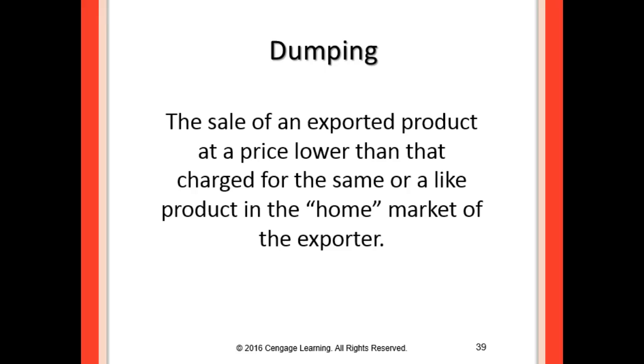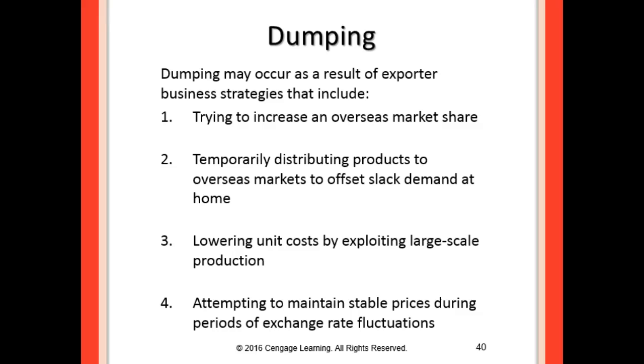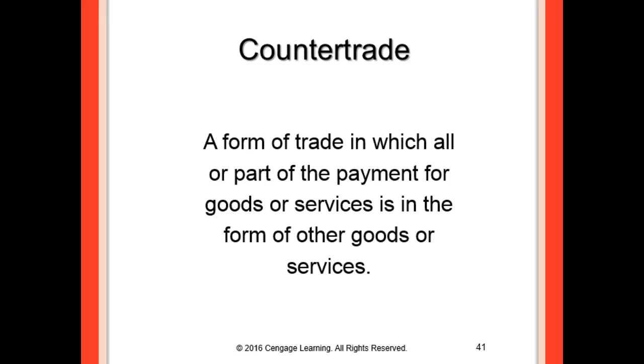You don't want to hurt your own country's industries and your own country's companies because of this price dumping, this dumping strategy that often occurs. Okay, and here are the four main reasons as to why dumping can be used as a strategy by some companies. I just want you to look through that on your own as well.